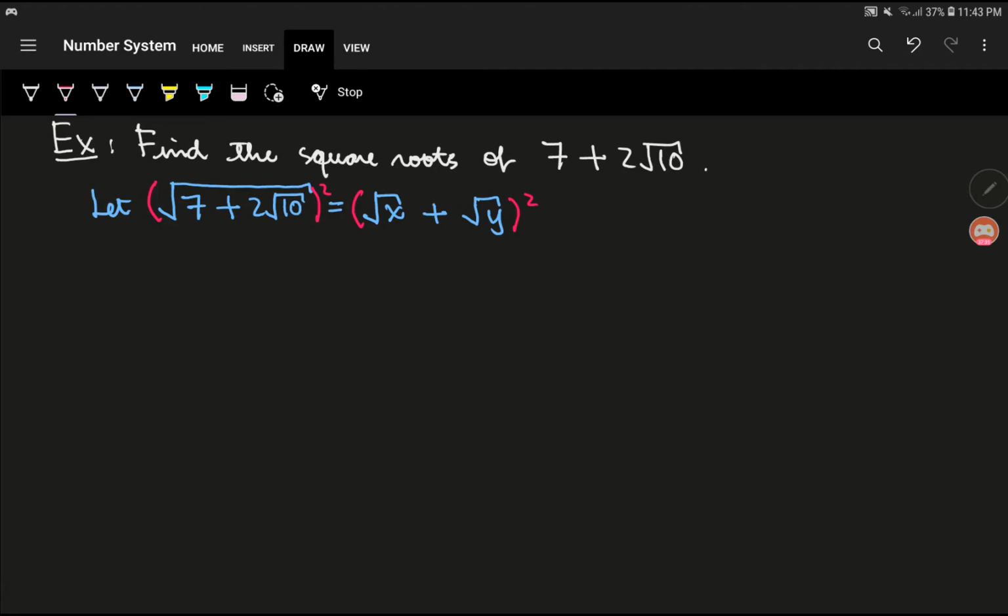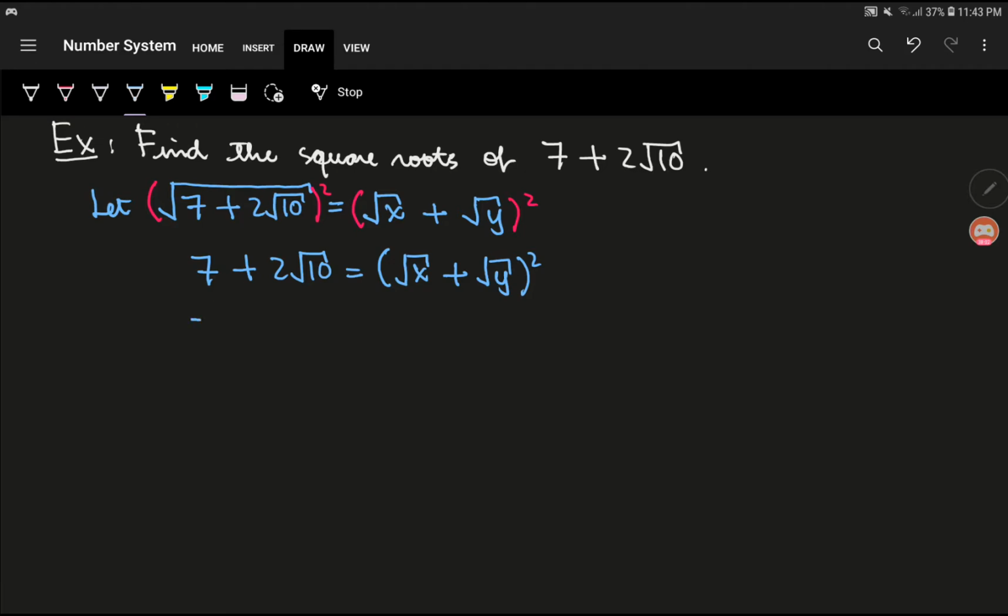The square of the square root is this one, 7 plus 2√10. But the right hand side is in brackets, (√x + √y) squared. So now we expand the right hand side.